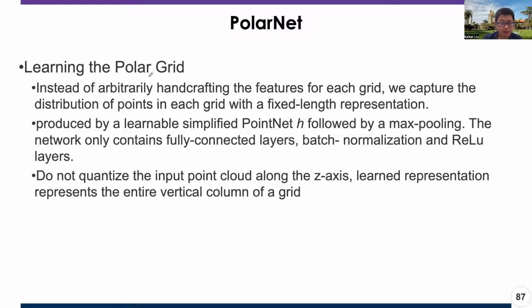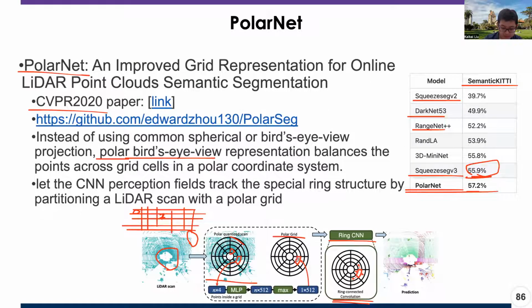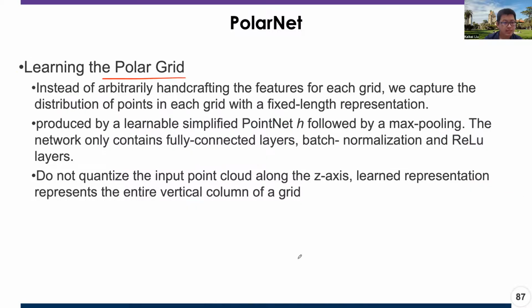So first up, there's another thing in PolarNet. After you have the polar grid, you have divided individual grids, right? In SqueezeSeg, when they mapped to this range image, what kind of channels did they have? They simply manually picked X, Y, Z, range R, and the reflection strength. It's manually picked five features. But what PolarNet wants to do is use learning instead of handcrafted features. Why use learning?